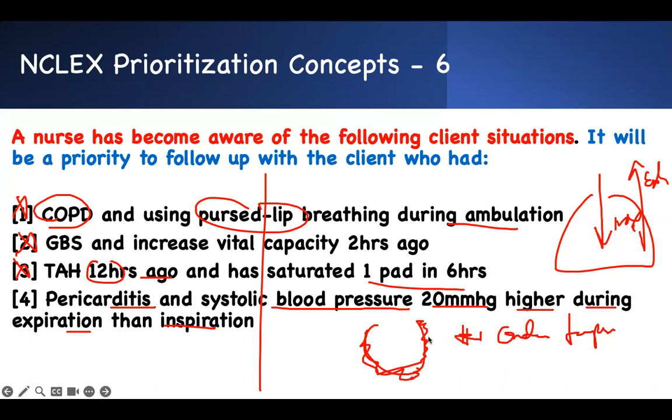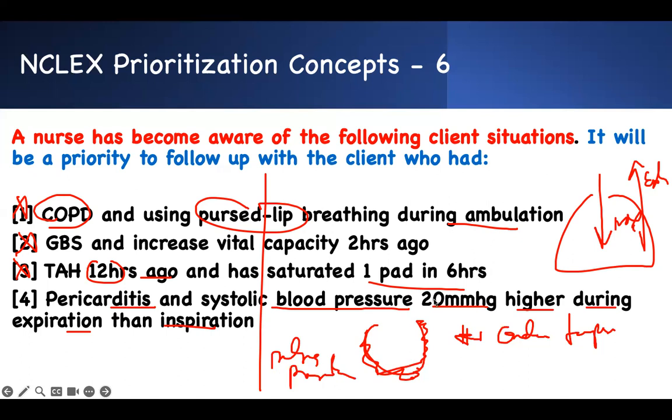If the heart does not push blood anymore because it's being constricted, that is all you worry about with pericarditis. And one sign of pericarditis is what we call pulsus paradoxus. That means when you take a deep breath, your systolic blood pressure would drop like 20 points. When you exhale, it goes back to normal. So this is a classic of pulsus paradoxus.